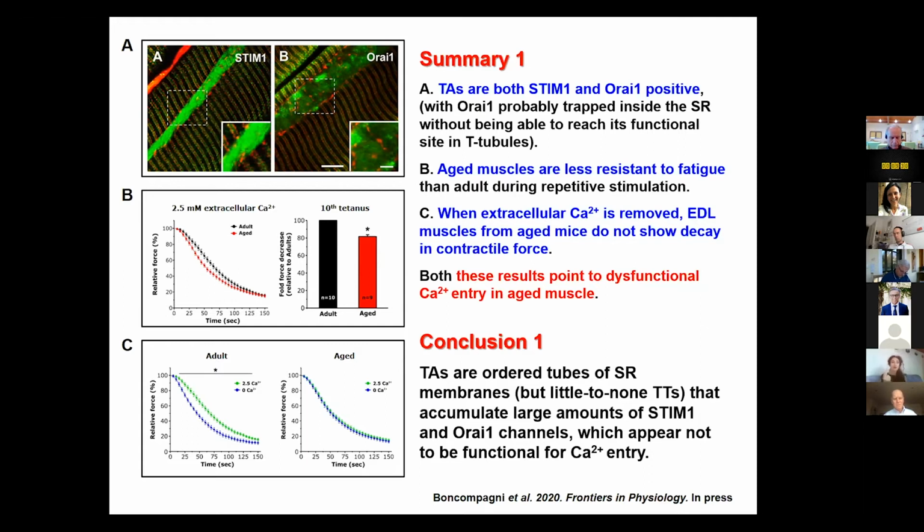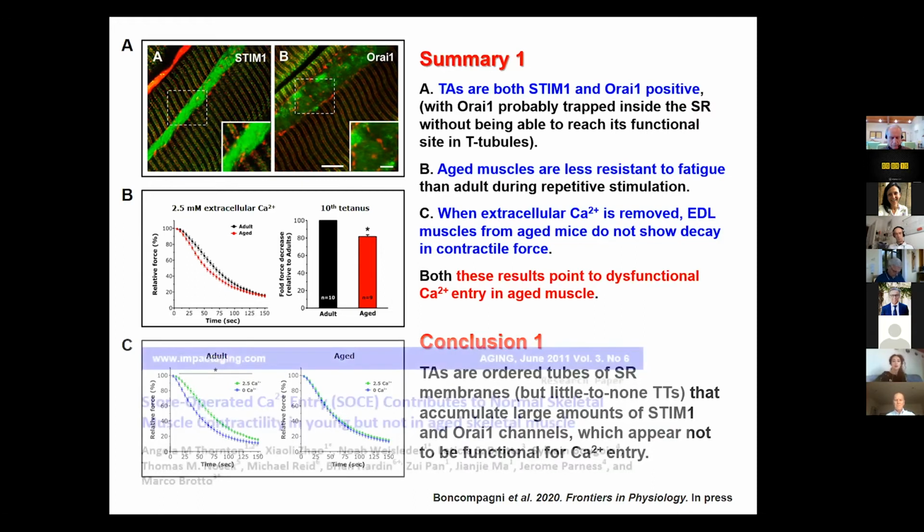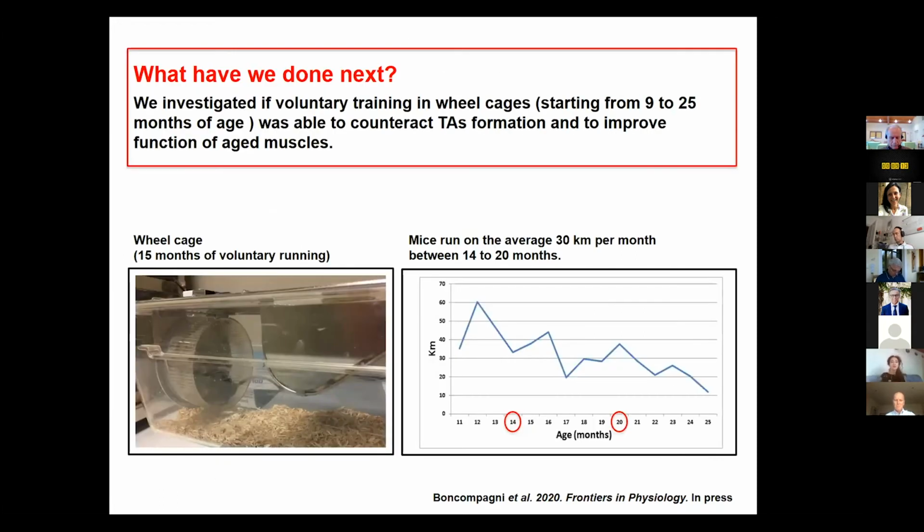We knew that extreme exercise is able to enhance the assembly of calcium entry units and that the TAs form with aging. So we thought to exercise mice, and specifically we investigated if voluntary training in wheel cages, starting from 9 to 25 months of age, was able to counteract TA formation and to improve muscle function.